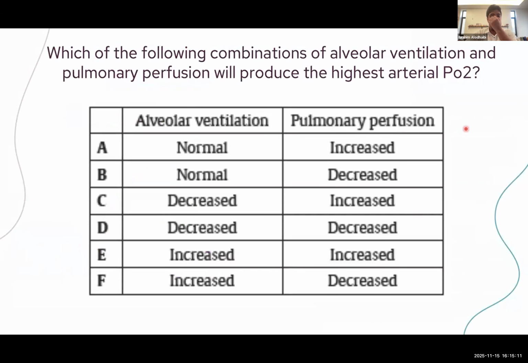Which of the following combinations of alveolar ventilation and pulmonary perfusion will produce the highest arterial PO2? I'll let you guys sit with this one for a bit.